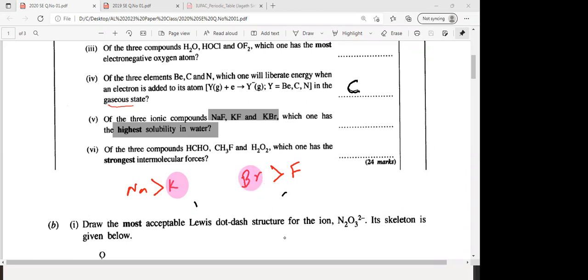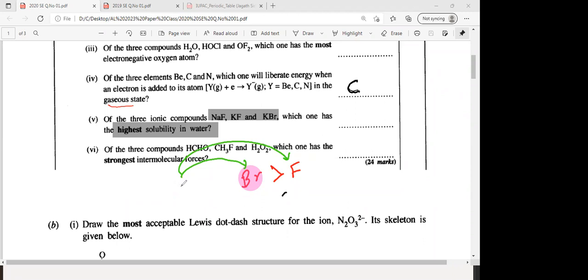Both they have accepted here. Not NaF, sorry, KF here. KBr and KF. This will be ordered on the size here.